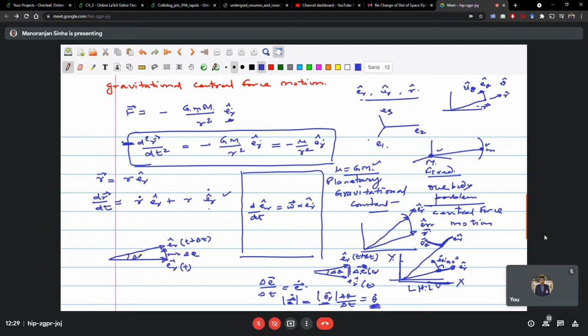As delta t tends to 0, delta theta tends to 0, and this delta E vector will be perpendicular to ER cap. So that means this is a vector in the direction of the omega vector. There are many ways of proving it, and you can use the transport theorem in mechanics, or describe it in the usual way.